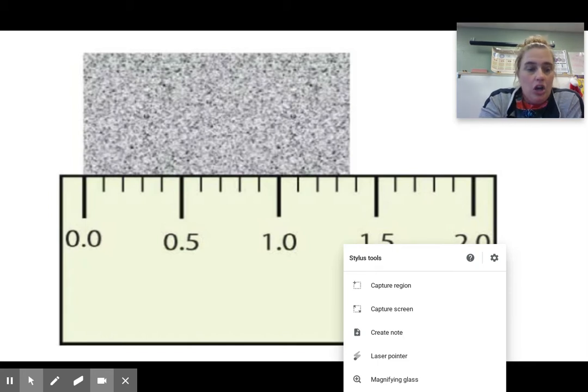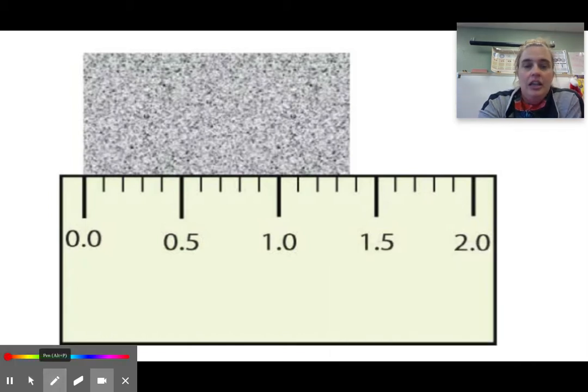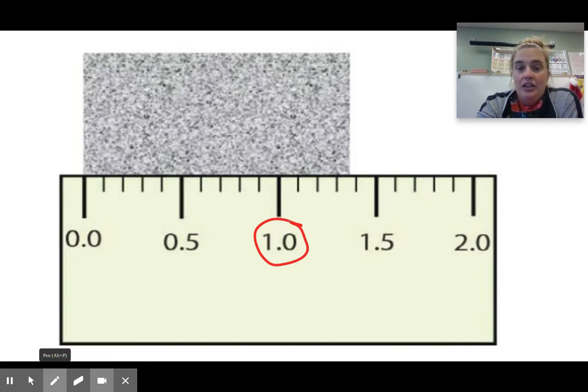So we know this measurement is definitely 1, because it's past here. You'll notice these tick marks here. Each one of those tick marks would be 0.1. So this would be 1.1, 1.2, 1.3.